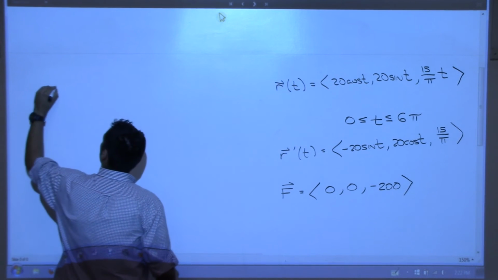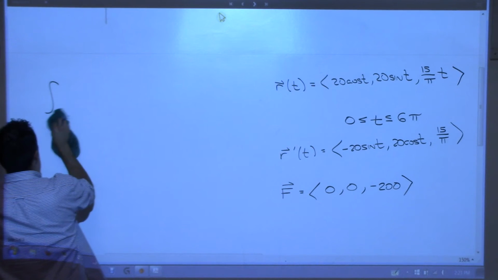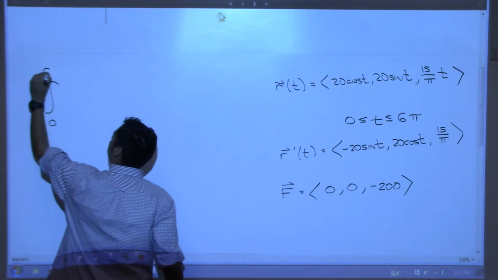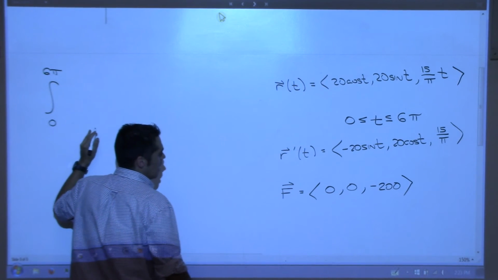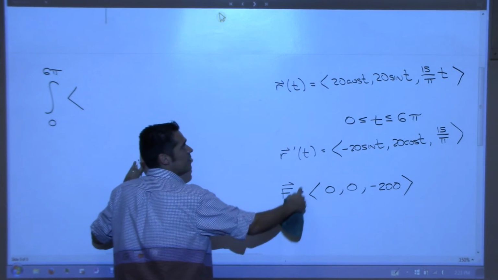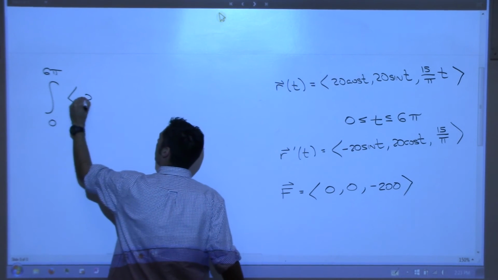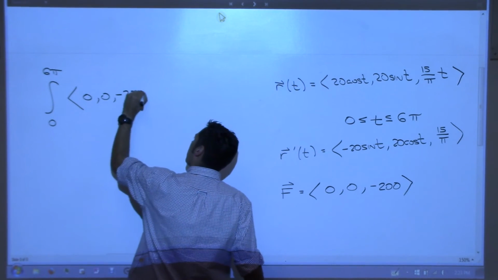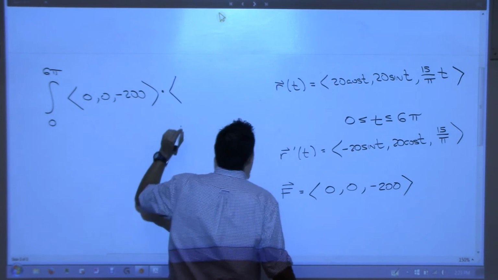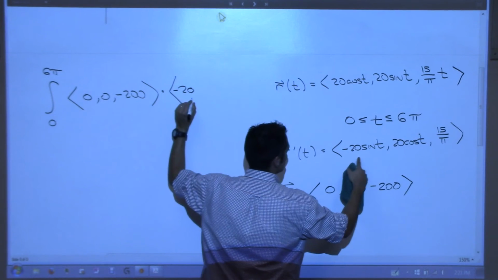Okay, so I'm going to go back to this. I'm going from 0 to 6 pi. I'm doing my force with this curve plugged in, but my force doesn't have any variables, so I don't plug anything in. Dot that with this one, negative 20 sine t.